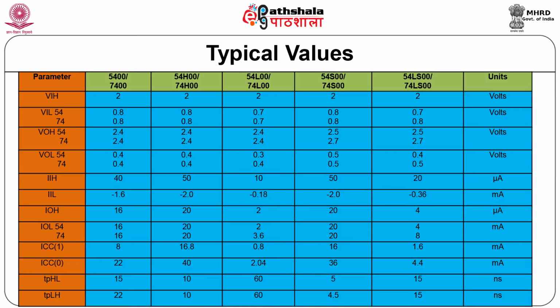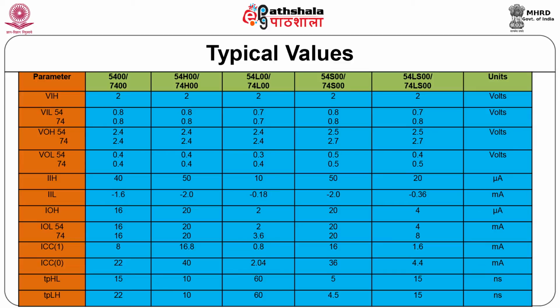IOL is 16 milliampere for 7-4 series, 20 for 5-4 and 7-4 series, 2 and 3.6 for 5-4 and 7-4 series respectively, again 20 for 5-4 and 7-4, and it is 4 milliampere for 5-4 series and 8 milliamperes for 7-4 series.